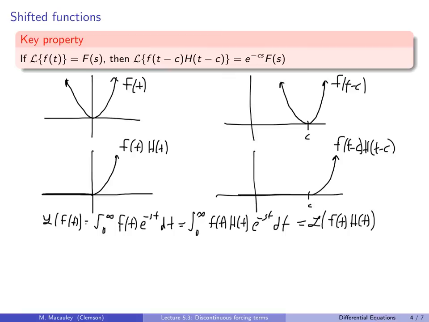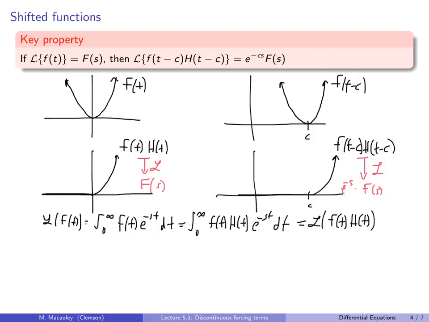And so this is saying that the Laplace transform of these two functions differ. If this is just F of s, then the Laplace transform of this function goes to F of s times e to the minus s. So the only difference in the Laplace transform of a shift is an exponential.